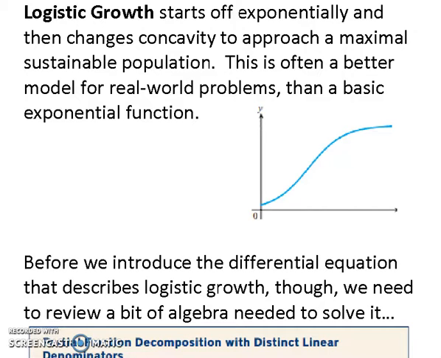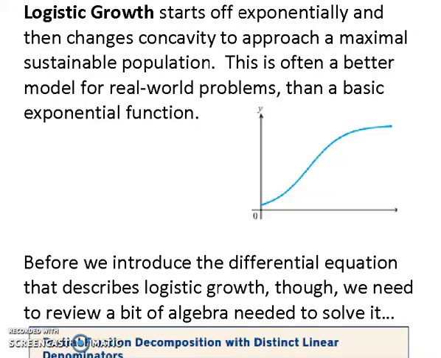A logistic growth model starts off looking exponential, where it may be relatively flat at the beginning and then all of a sudden it increases very rapidly. Then the graph changes concavity and begins to approach what we usually consider to be a maximum sustainable population, because a lot of these logistic growth models are population models.